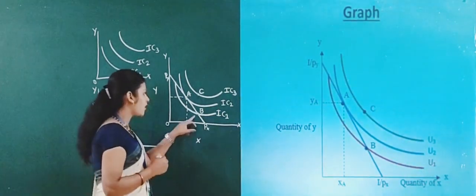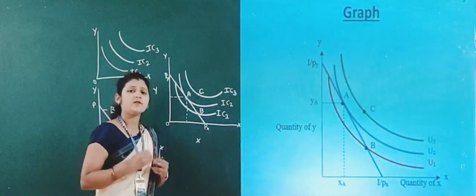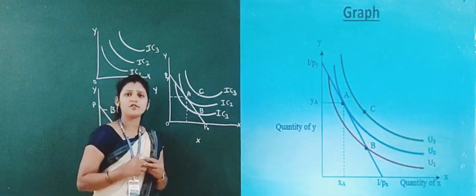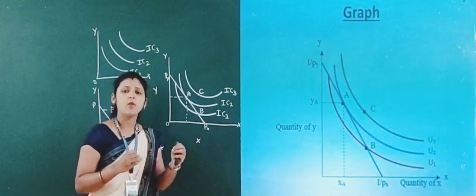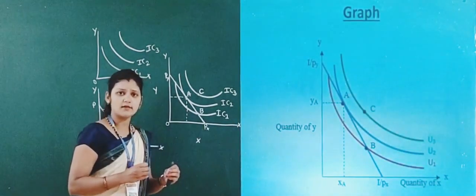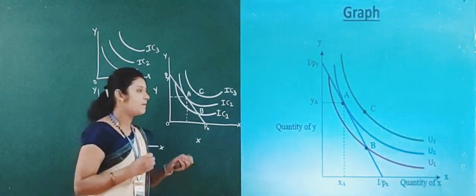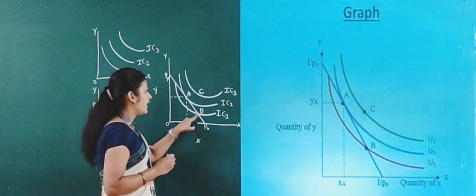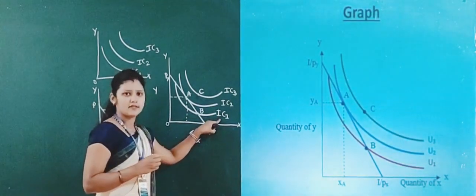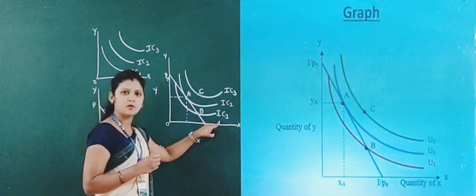Okay, now let's talk about point B. Is point B the optimal choice? No. Why? Because see here, it is on the lower indifference curve, that is IC1.